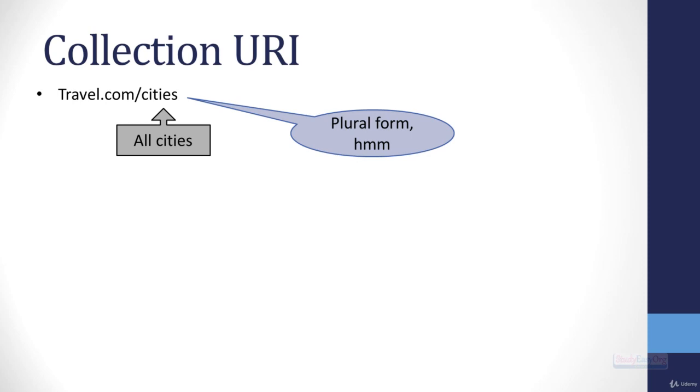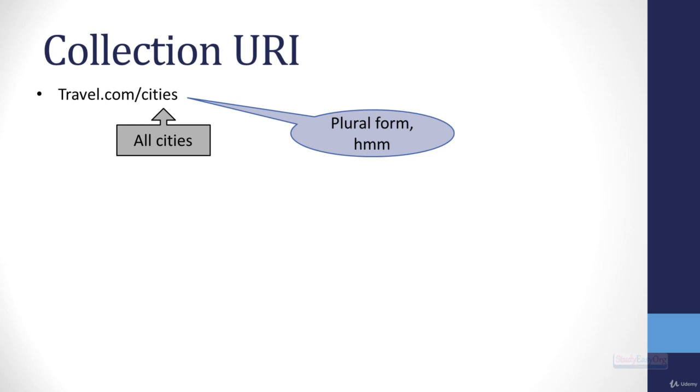So for example, if we wish to get a list of all the cities available in our database, then we can navigate to travel.com/cities and the page will generate the list of all the cities based on the architecture of the application. So usually the resource-based links are generated based on a collection of the specific entity type.